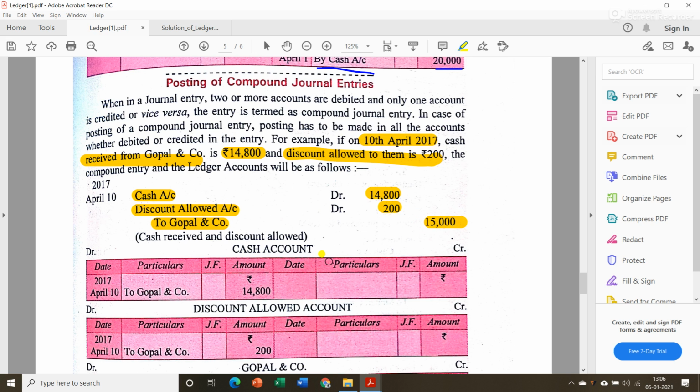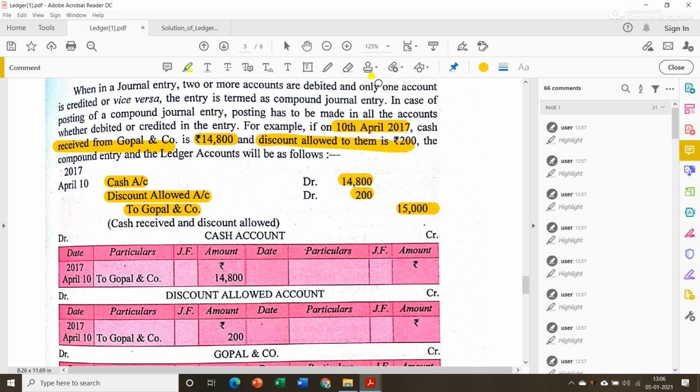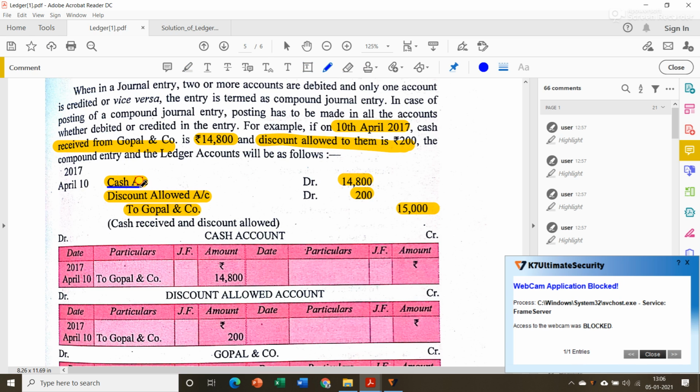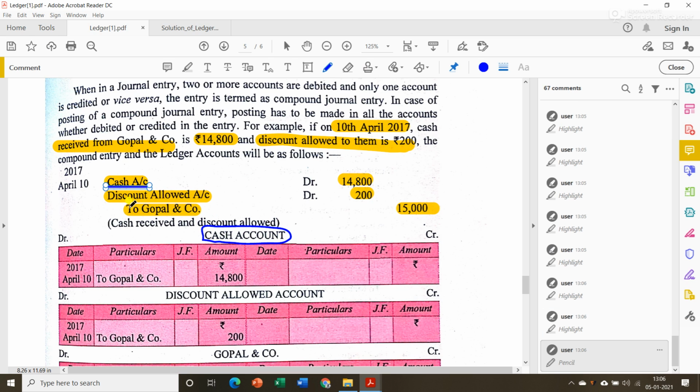Now we have to prepare the ledger. The first account that we have in our journal entry is cash account. So we will prepare the cash account in the ledger. When you look at the debit side, we have two debit accounts, but when posting for the cash account, don't look at this discount allowed.